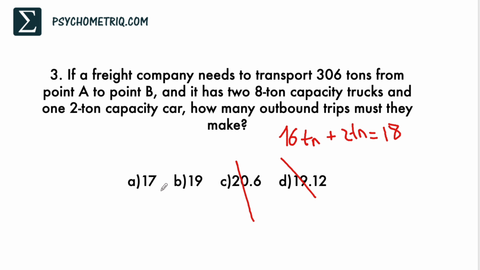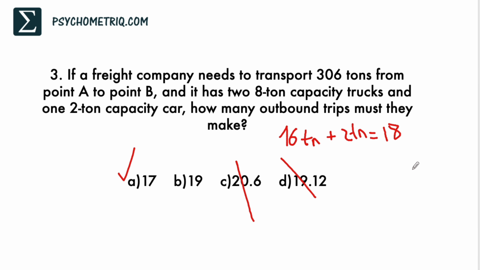Now we need to know if it's 17 or 19. How can we do it quickly without having to perform the entire operation? Just multiply the last digit. That is, 8 times 9 is 72, ends in 2, so it cannot be. And 8 times 7 is 56, it ends in 6, so it could be. So the answer must be option A. The other option would be to divide 306 by 18, which can also be done, but it's a bit slower.